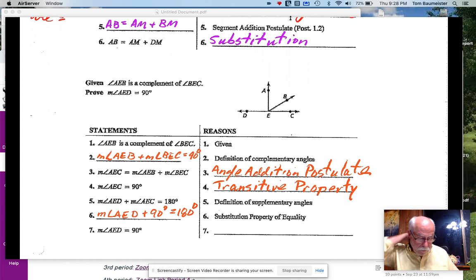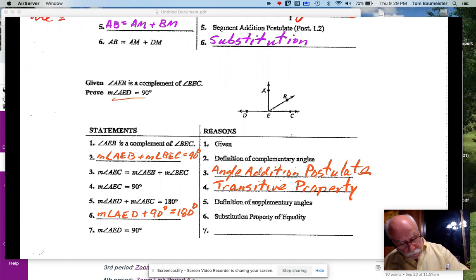And my last statement, and this time there were 7 of them, so I did tell you they vary. On this one here, is that what we're trying to prove? Yes. Have you noticed that the last statement in all 4 of these proofs is what you're trying to prove? So how do I get from plus 90 equals 180 to just saying it's 90 degrees?